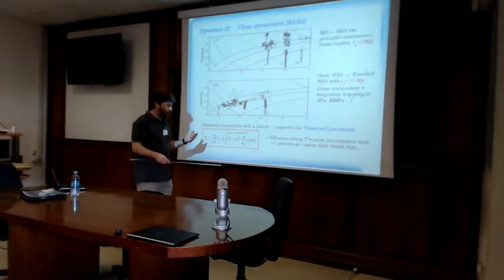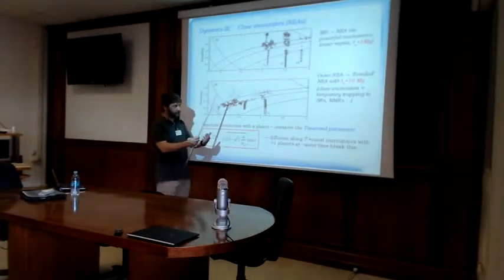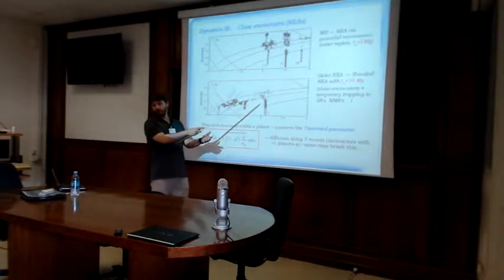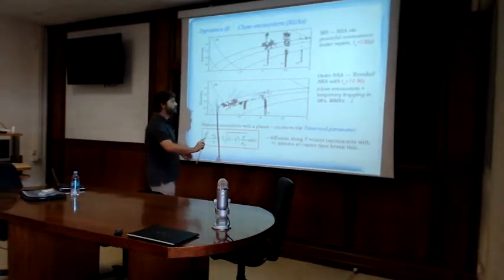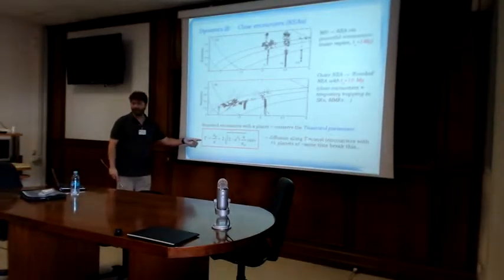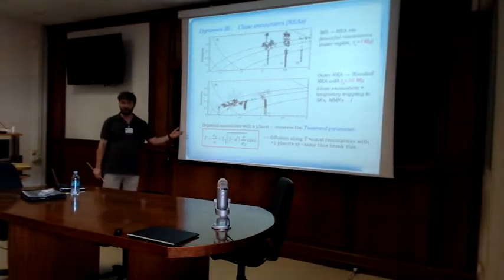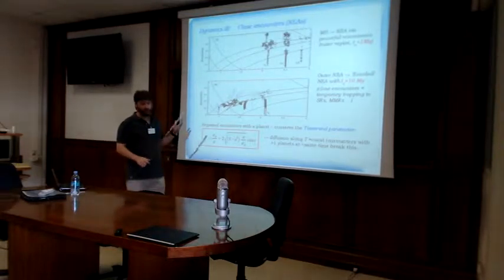But there is a fraction of bodies, mostly coming from the nu6 and 3-1 resonance, so the inner part of the belt, that can actually be extracted from the resonance when they cross the orbit of the Earth and start wandering, having repeated encounters, more or less along a line of constant, this which is called the Tisserand parameter. It's an approximation of the Jacobi integral. And they roughly conserve this parameter.